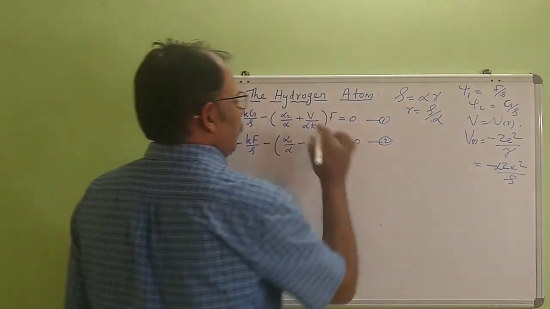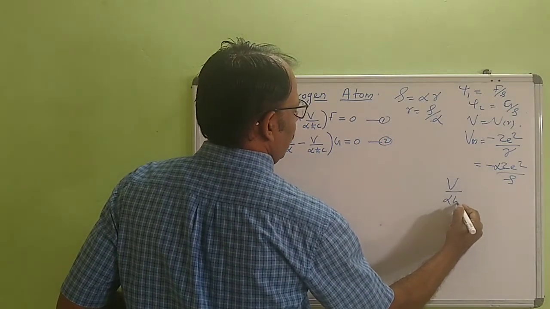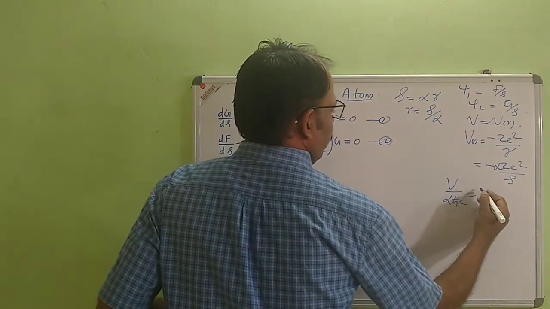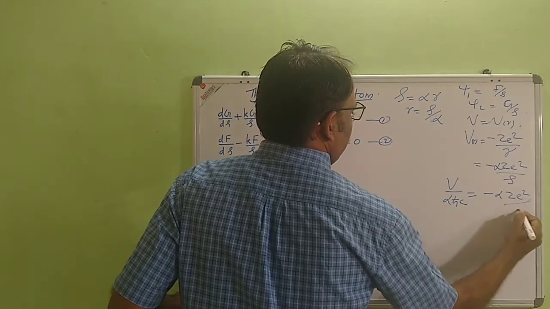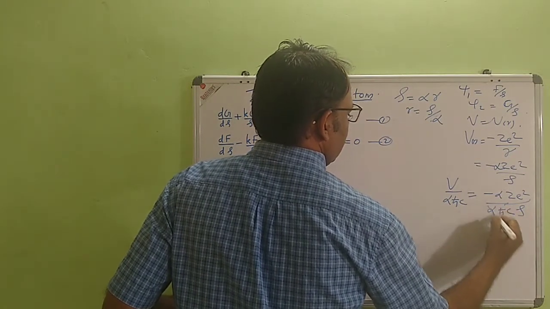The last term in the equation is V by alpha h bar c. So this term becomes minus alpha Ze square by rho, divided by alpha h bar c.